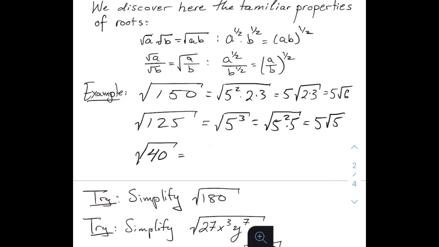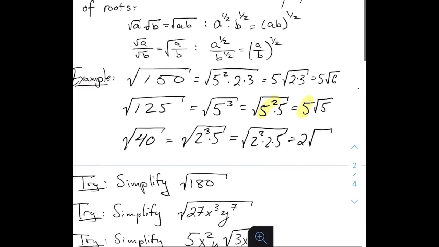So I'm going to indicate which of these 5's this is. 40 is 2 cubed times 5, which is 2 squared times 2 times 5, which is 2 square root of 10.